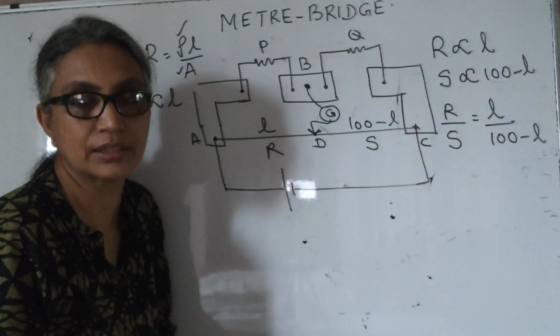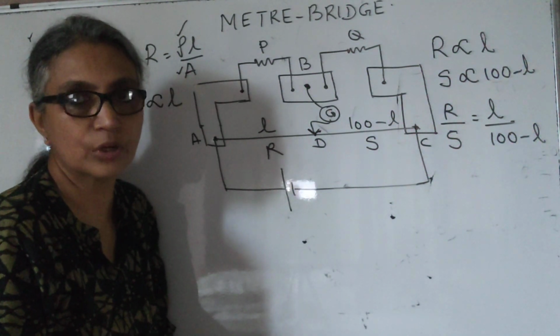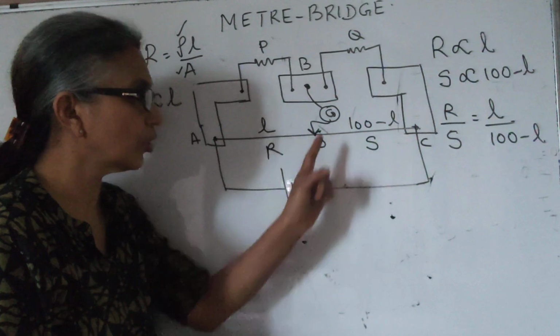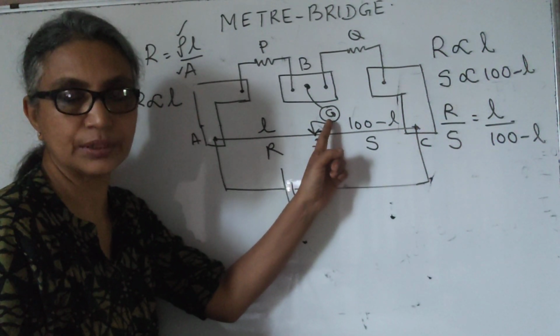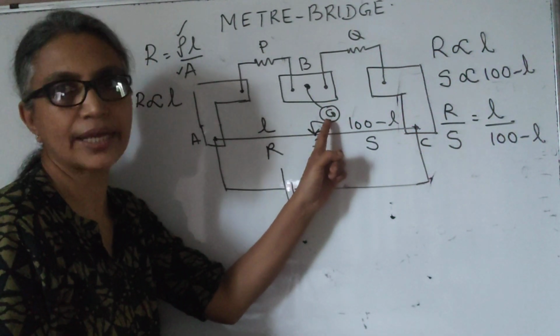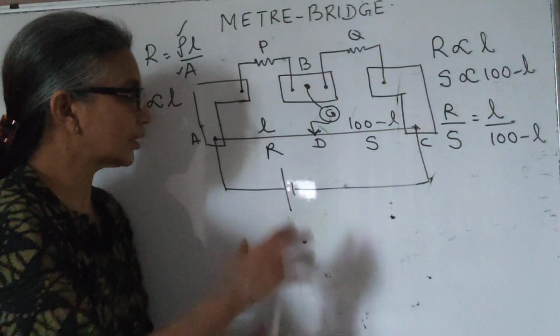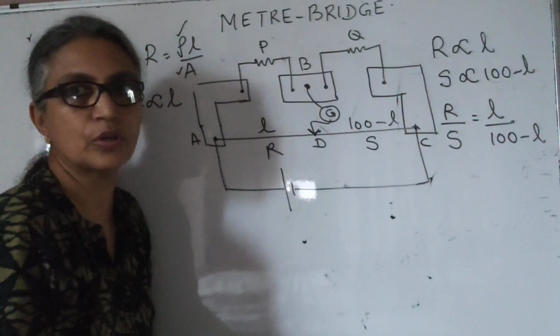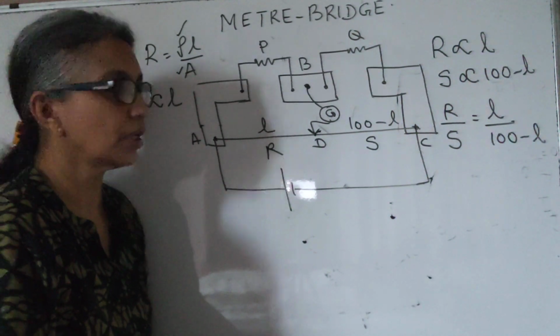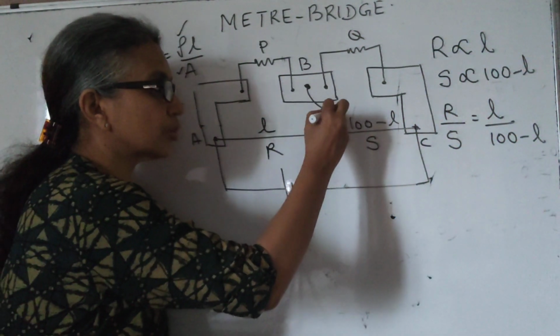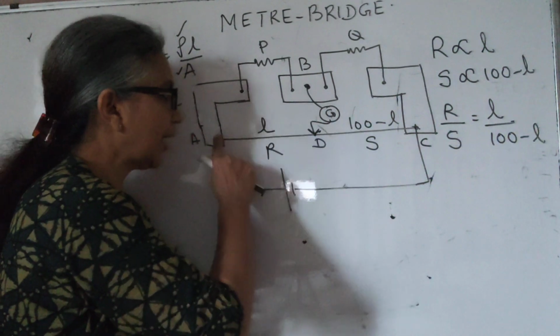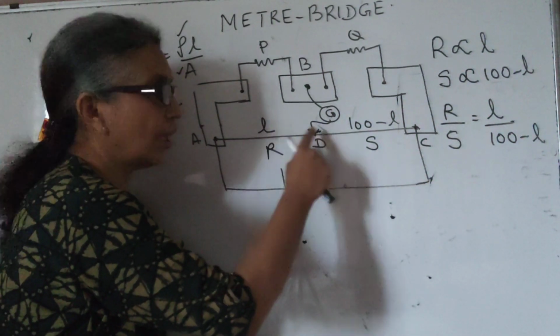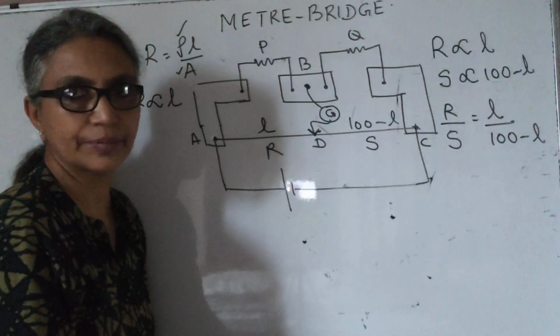Because that is the balance condition of your bridge. Your meter bridge is in balance condition when there is no current through the galvanometer. So at some value of R and S, you will have brought your meter bridge under balance condition. When your galvanometer shows null deflection, you will stop, and that length you will measure as L, and the remaining length will be 100 minus L.